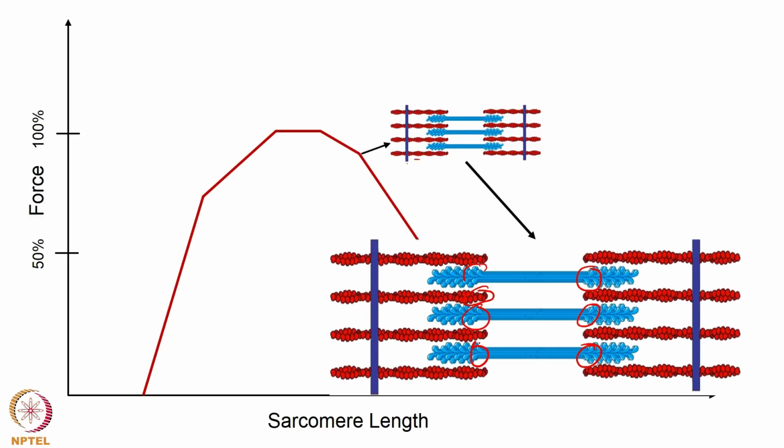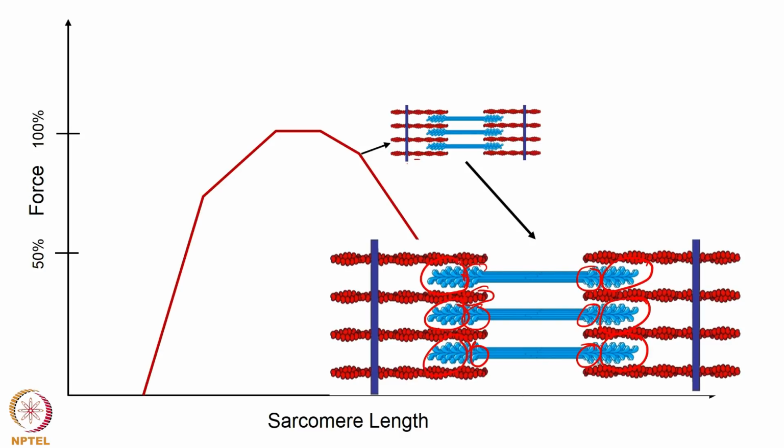Because of this reason, whatever actin molecules can actually interact with myosin, these only are responsible for force. So, this reduces the amount of force that can be produced.